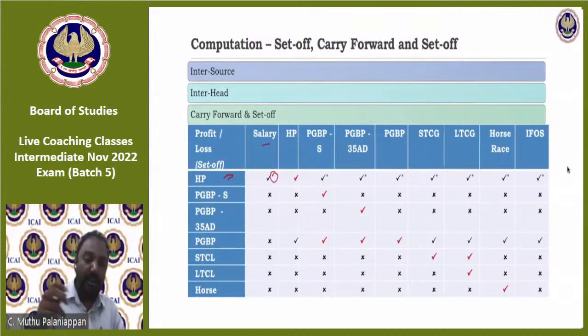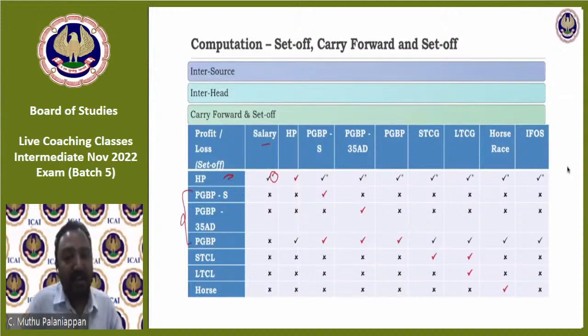So that's it. When you take business, there are 3 types of business: speculative, special business, and your ordinary business. So speculative is certain transactions like trading transactions, share trading. So all those are called speculative. And then special business is 35AD, which talks about infrastructure business.